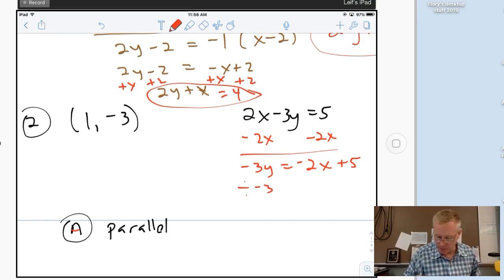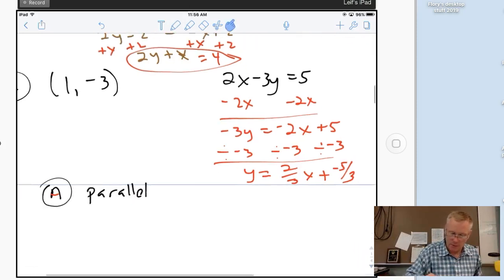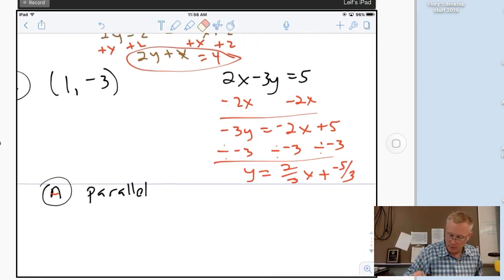Divide by -3. I get y equals 2/3 x plus -5/3. The y-intercept doesn't matter. What does matter is that slope, which is 2/3. So my slope is 2/3.